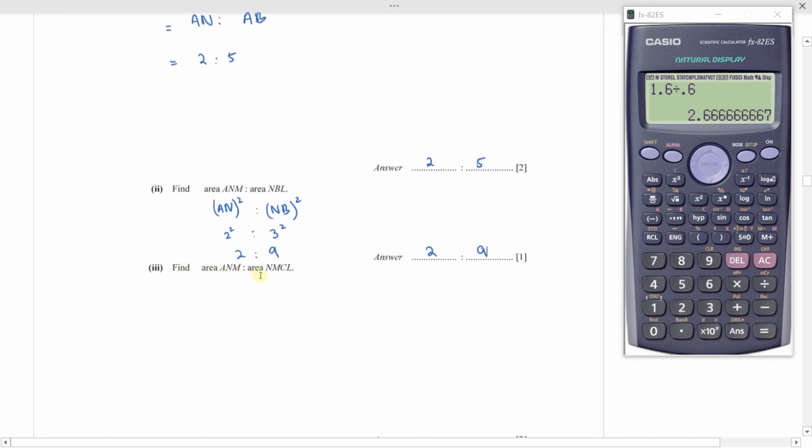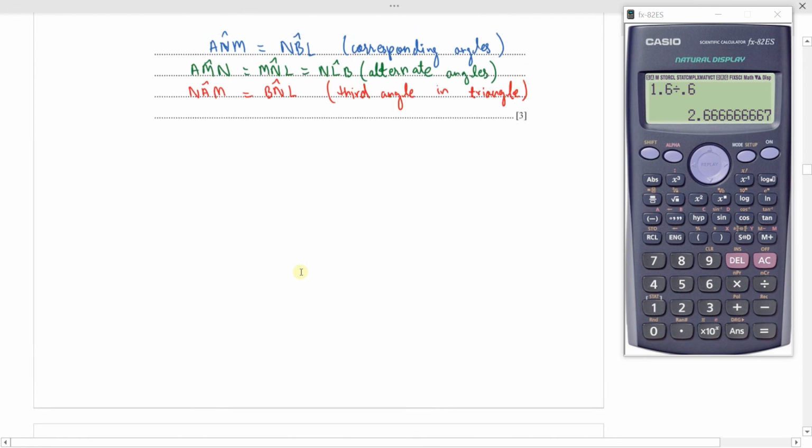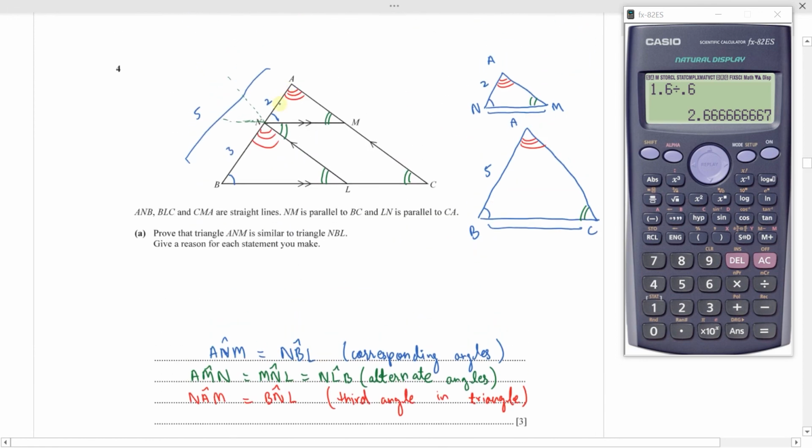Part 3 is area of ANM and NMCL. So again, ANM is this one, and then NMCL is this parallelogram, this one here. So if I look at this big triangle, it includes this triangle ANM, this triangle NBL, and this parallelogram.